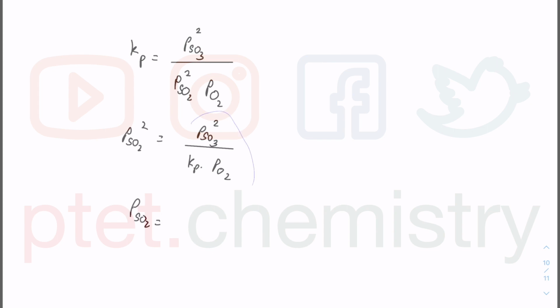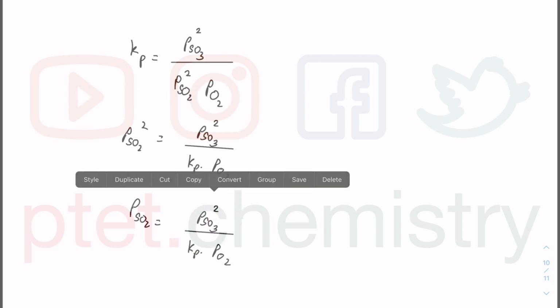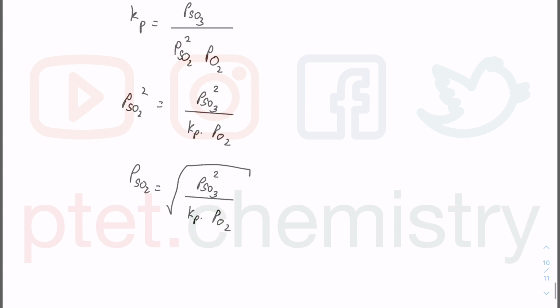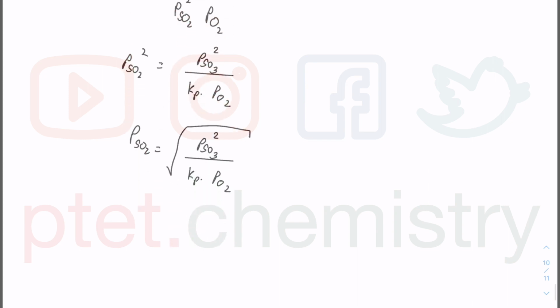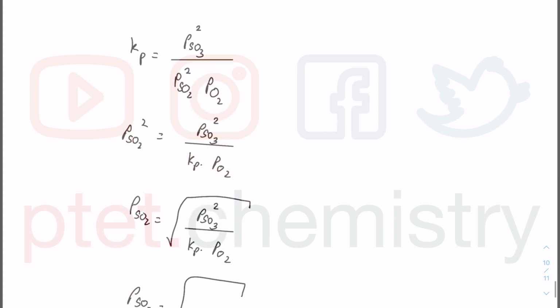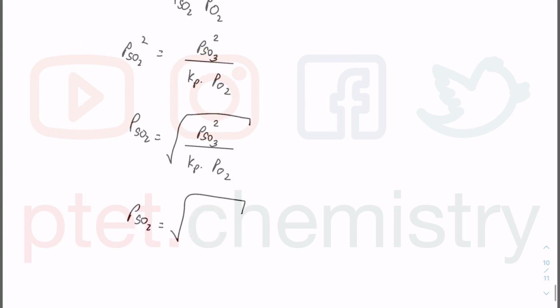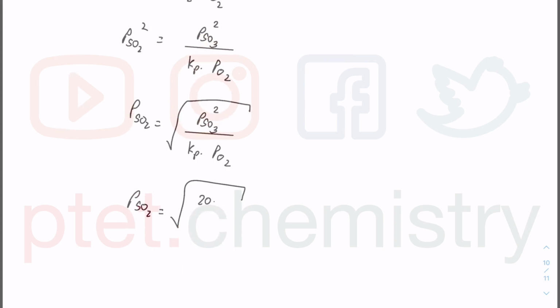If I just copy this whole thing, at this stage you can probably put in the values straight away. It's just a matter of putting in the values and you can go home nice and happy. So partial pressure SO3 is 20.3 squared, and then divided by Kp.